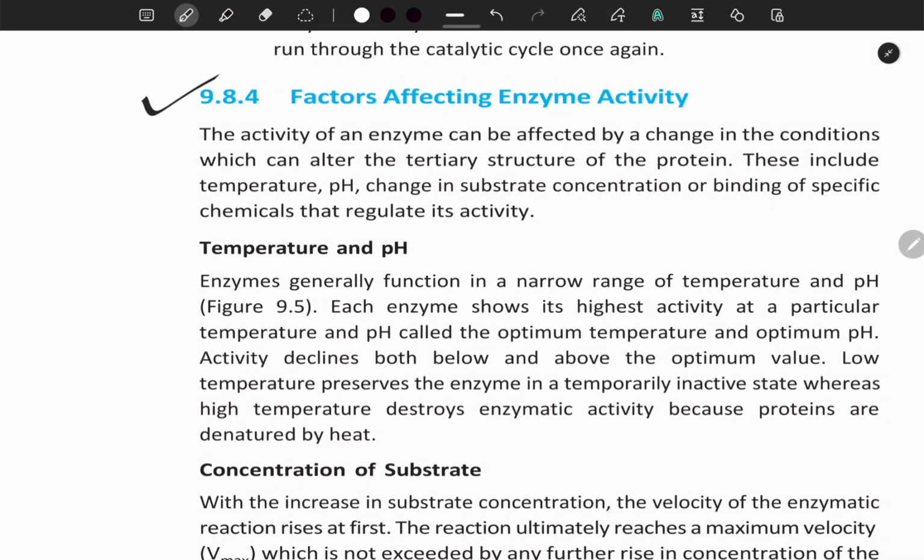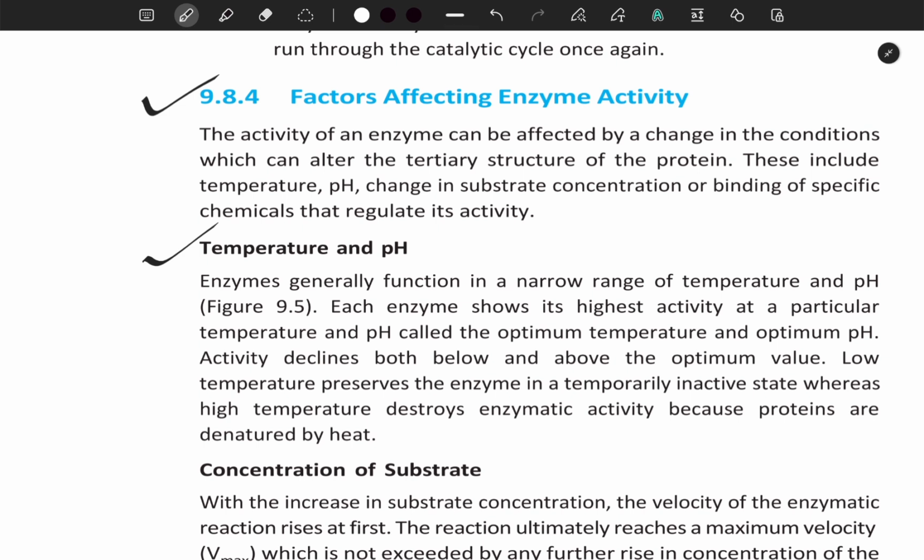9.8.4 Factors affecting enzyme activity. The activity of an enzyme can be affected by a change in the conditions which can alter the tertiary structure of the protein. These include temperature, pH, change in substrate concentration, or binding of specific chemicals that regulate its activity. Temperature and pH. Enzymes generally function in a narrow range of temperature and pH.